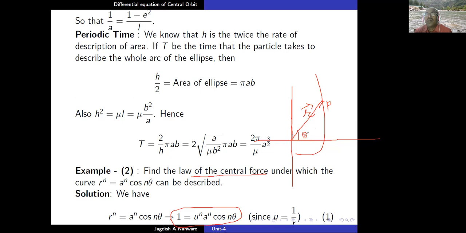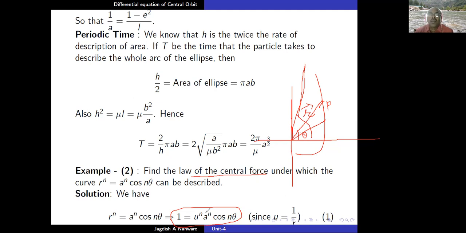As we change theta, the value of r gets changed. This radius vector gets changed. Suppose if we take this, the r becomes different. If we take theta this much, so this big angle, r is different. Therefore r is a function of theta, and as we are defining u is equal to 1 upon r, u is a function of r also.